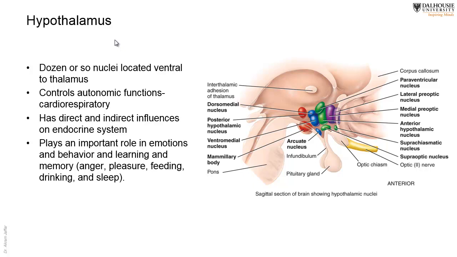Feeding, it contains a center. One of these nuclei is named the satiety center, the thirst center, a sleep center, like it controls the biological watch. So all these activities are present in the hypothalamus. It's a very important part of the brain.